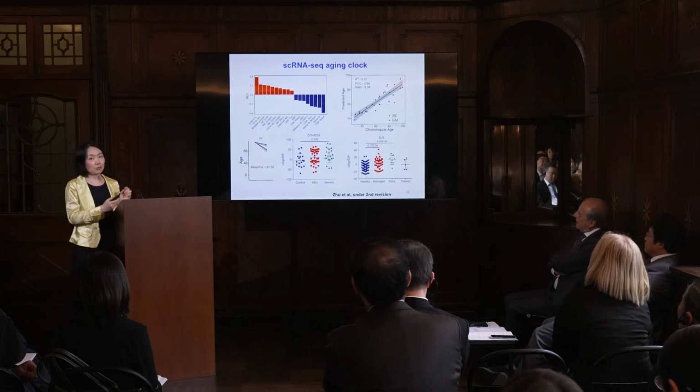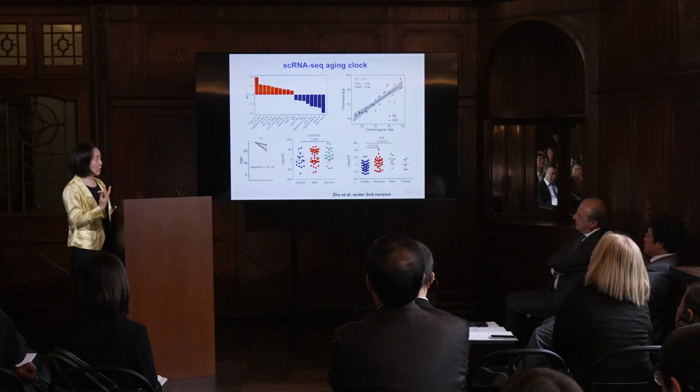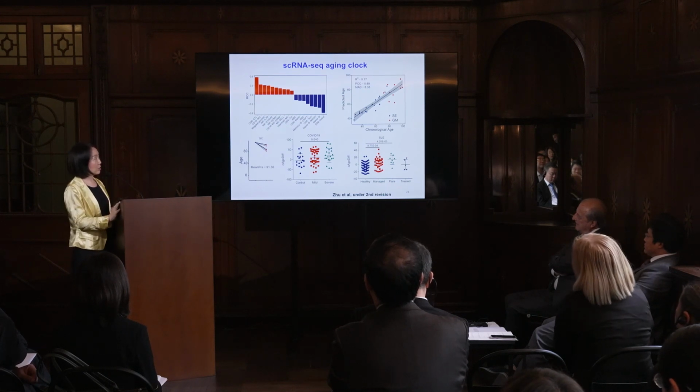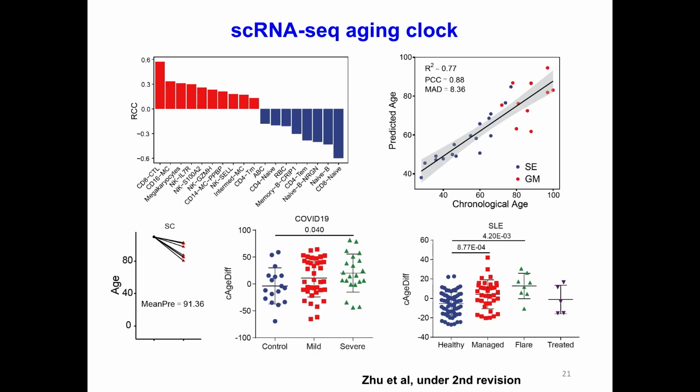And in addition to our facial clocks and RNA clocks, we're now also moving on to single cell clocks. In collaboration with Dongfang Hospital in Shanghai, we collected 17 individuals, and together with another 11 samples from Guangdong Medical Hospital, we built a single cell clock.